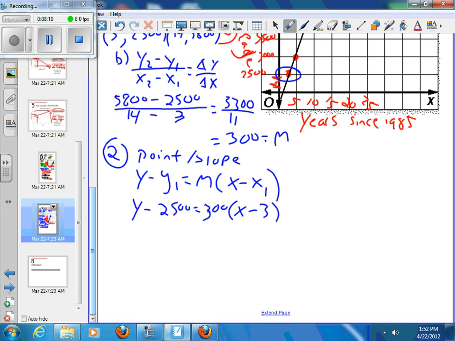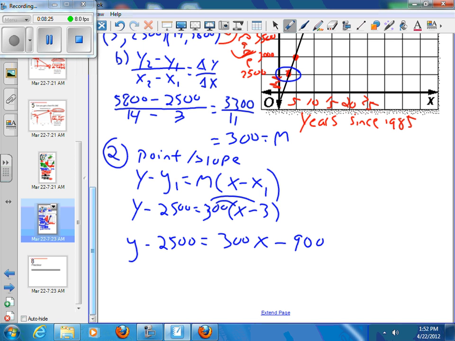So I want to use my distributive property. So this is going to be y equals, oops, sorry, not y equals. y minus 2,500 is equal to 300x, and then 300 times 3 is 900.